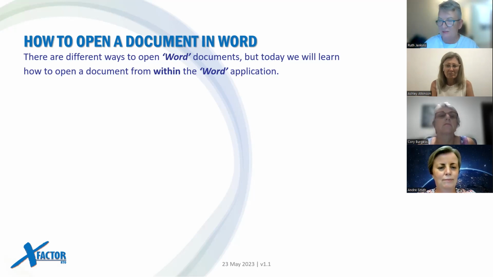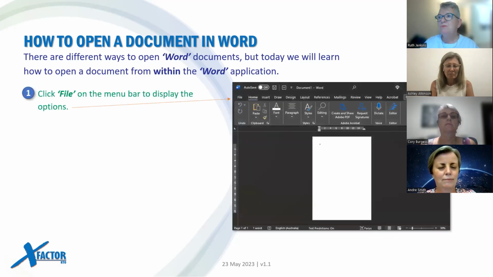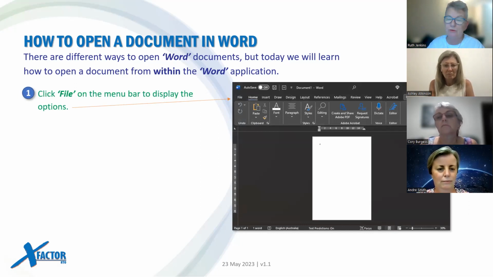This is where the menu bar is, up at the top of your screen. To open a Word document, click on File on the menu display, and then you would be able to open a document. Have you all managed to get Word open at the moment?